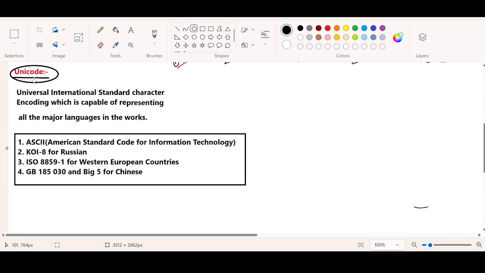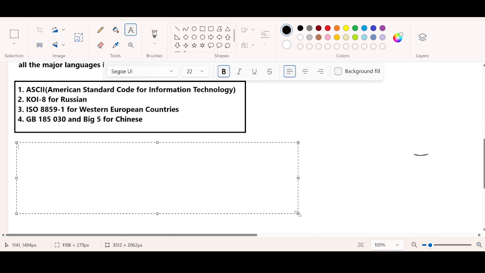The purpose of introducing the concept is what? Now you focus here. To get over the above problems, a new language protocol standard was designed by the name of the Unicode system.